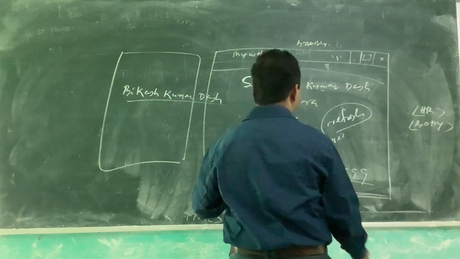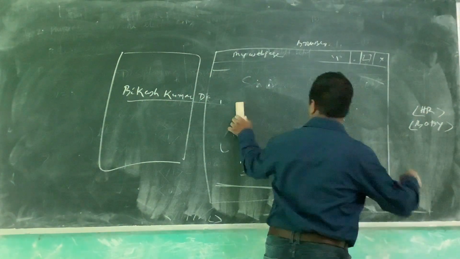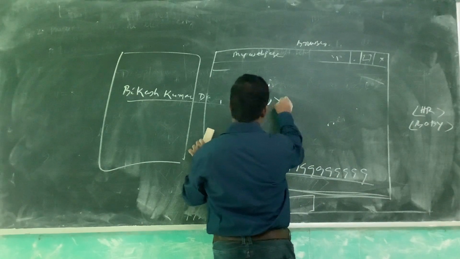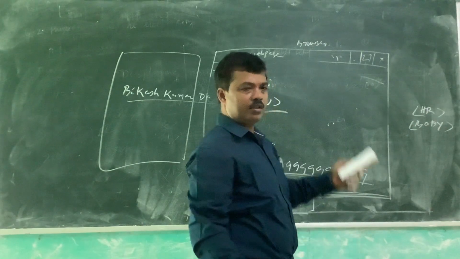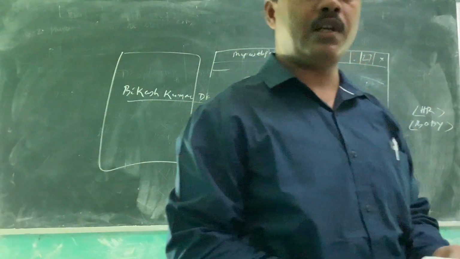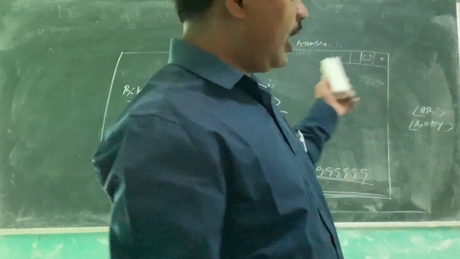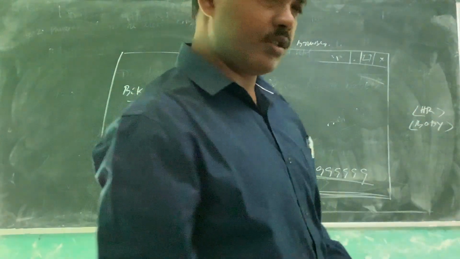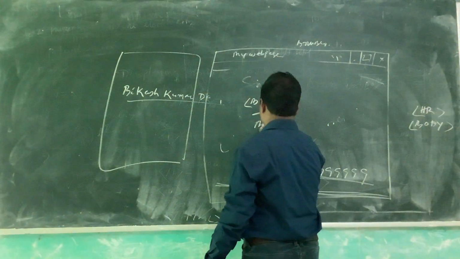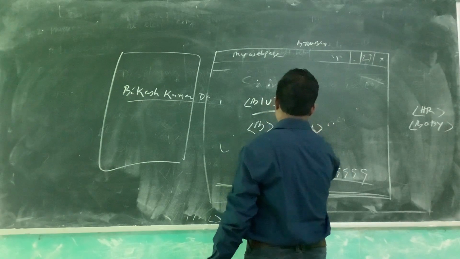In the notepad window, type a valid tag in HTML. You just separate the tags as we have already discussed. That means you can type B, I, U.